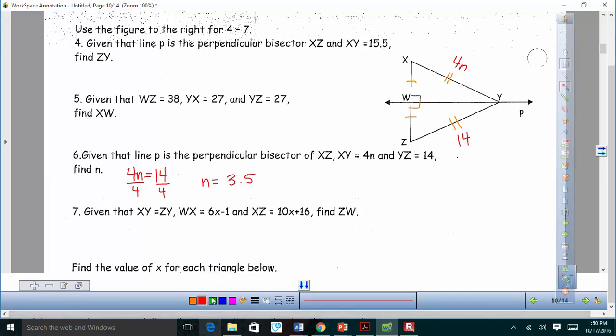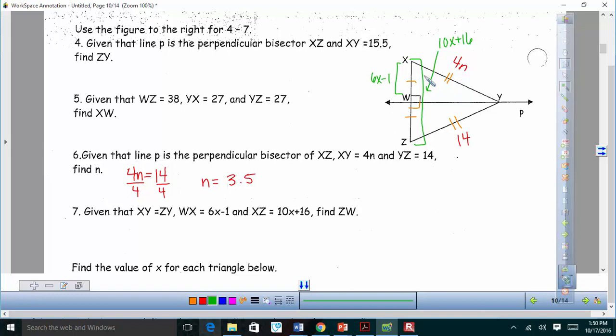Okay, let's look at one more like that. So looking at 7, it tells me XY is equal to ZY, and that WX, which is this length right here, is 6x minus 1, and then it tells me XZ, which is this whole length right here, is 10x plus 16.